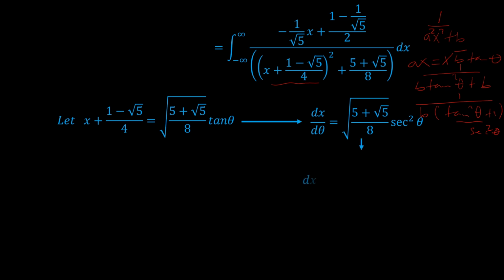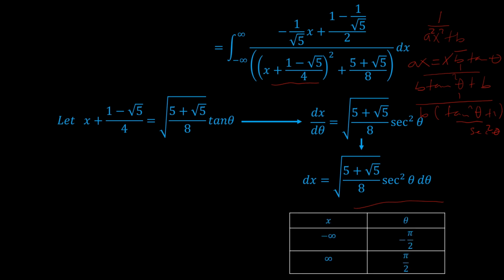And so dx is root of 5 plus root 5 over 8 sec squared theta d theta. This is what can be substituted for dx.